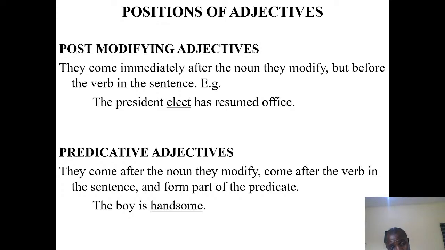If you want to do sentence patterning, divide the sentence into two: the boy is the subject, is handsome is the predicate. So handsome is found in the predicative position. That is why it is called a predicative adjective. But it is modifying the noun in the subject position. It comes after the noun, it comes after the verb, but it's modifying the noun in the subject position.